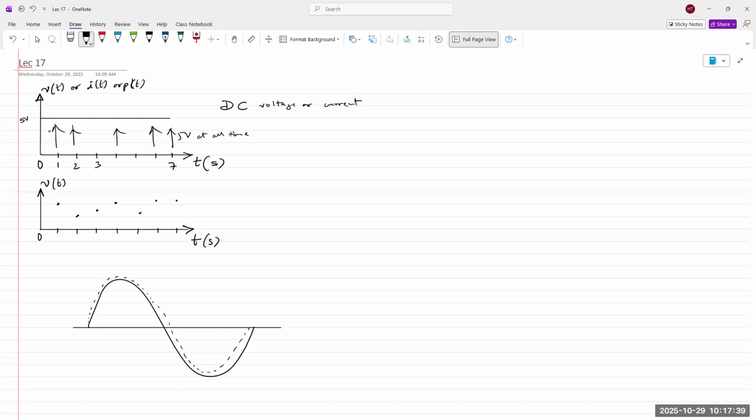You could break this up into, let's say, if this was the waveform or the value of the voltage over 1 second, we could break up that 1 second into 100 parts. And we'd say at 0.1 second, it has a value of this. At 0.2 seconds, it has a different value. 0.3 seconds, it has a different value.